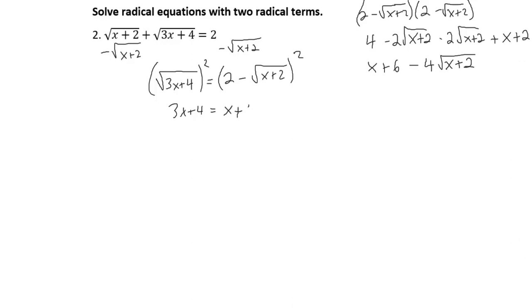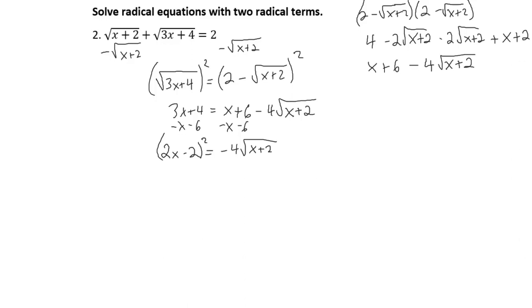So bring that over. All right. And now we need to isolate the root again. So we're going to subtract x, subtract 6, and we get 2x minus 2 equals negative 4 root x plus 2.